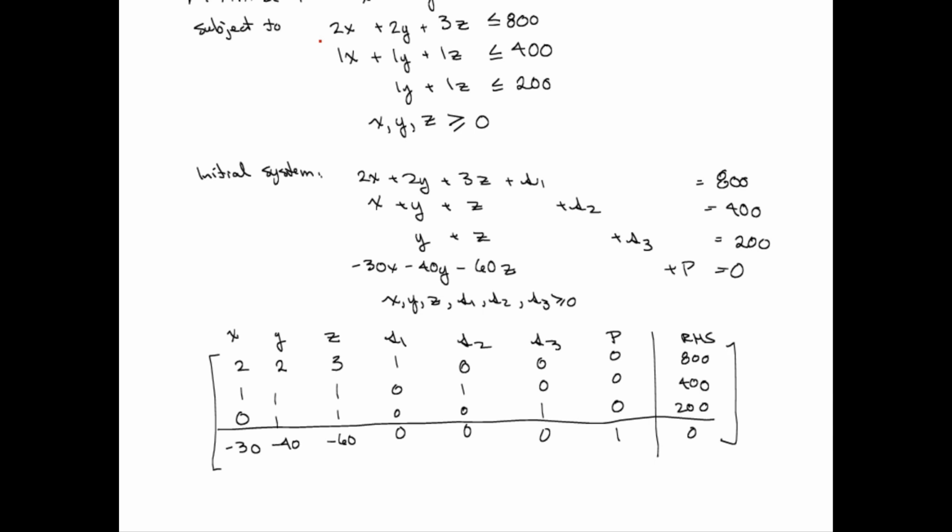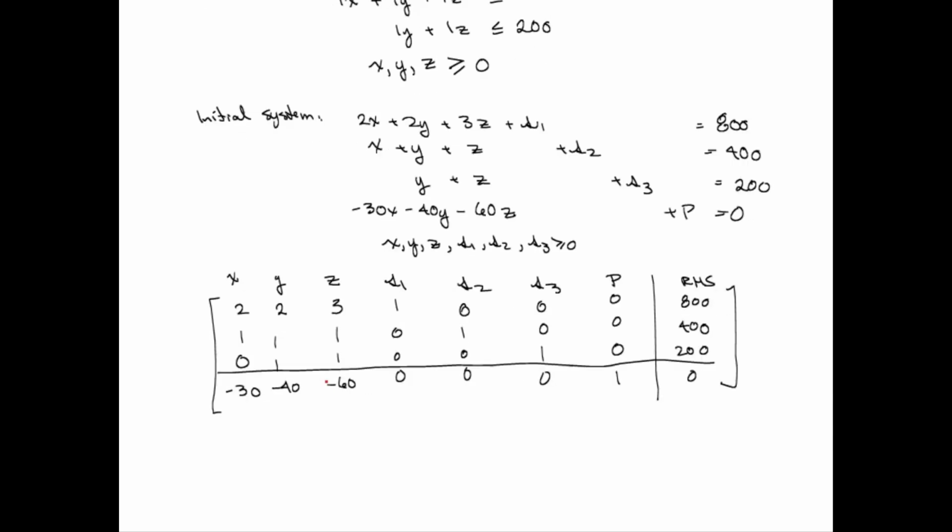Okay, and we note that this is indeed a standard maximization problem, which makes it okay to do simplex on it. We look for the most negative. So that is this negative 60. So we use that as our pivot column. Then we go to the right side and calculate our quotients. So first we have 800 over 3, which is 266.7. 400 over 1, which is 400, and then 200 over 1, which is 200.